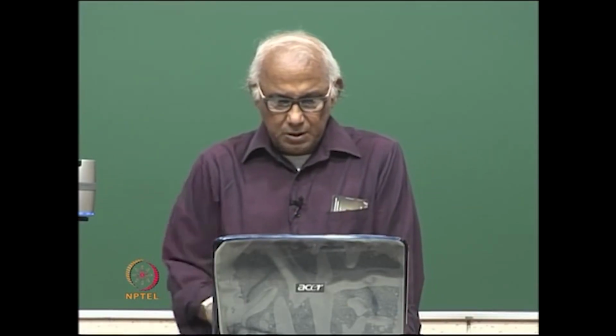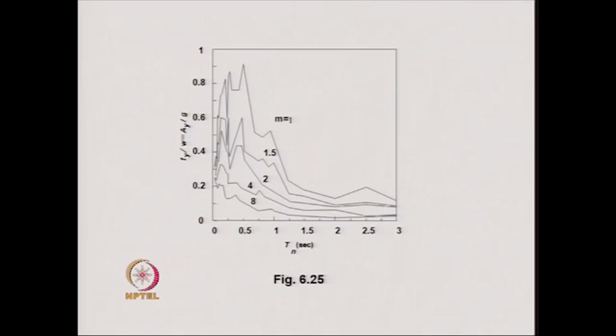So, a plot of the inelastic acceleration spectrum versus Tn for different values of mu is shown in this figure. In this figure, this m basically is wrongly written. In place of m, it should be mu, for mu equal to 1, 1.5, 2, 4, 8 and so on.